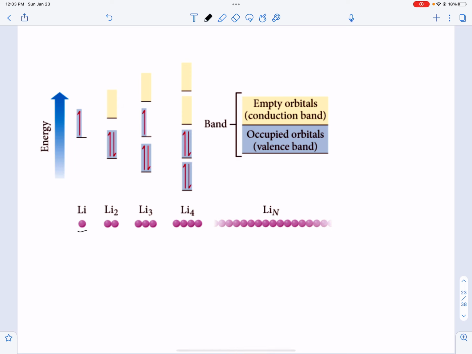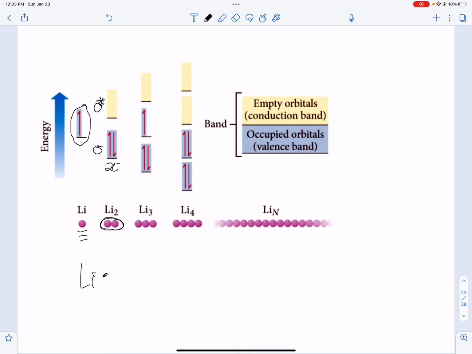Lithium is in group 1, so lithium has 1 valence electron. That's what you see there. However, if you combine two lithiums in a metallic solid, now you have 2 electrons.